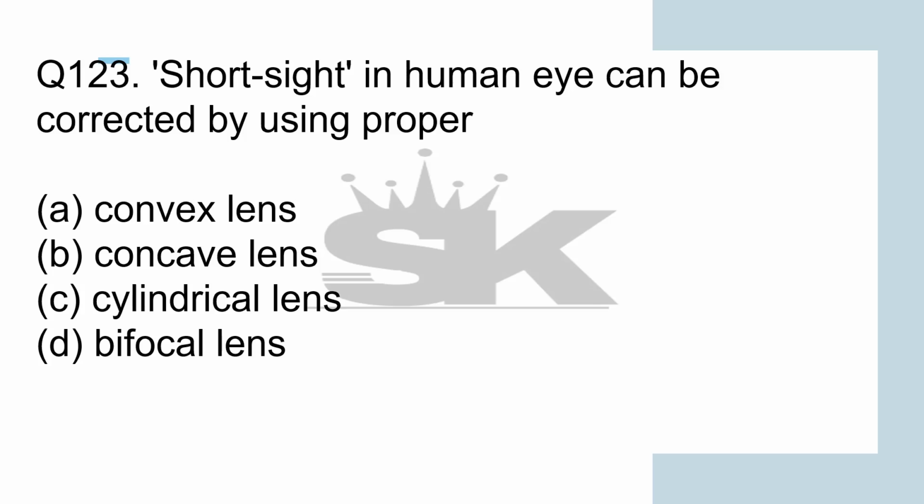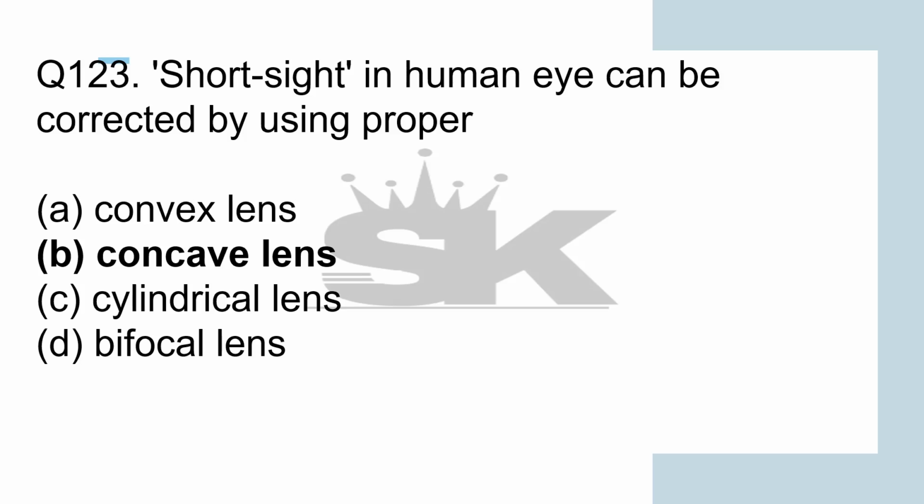Short sight in the human eye can be corrected by using which of the lenses? So the answer is concave lens. Short-sightedness in humans can be treated by concave lens. The simplest, cheapest, and safest way to correct short sight is with glasses, right?